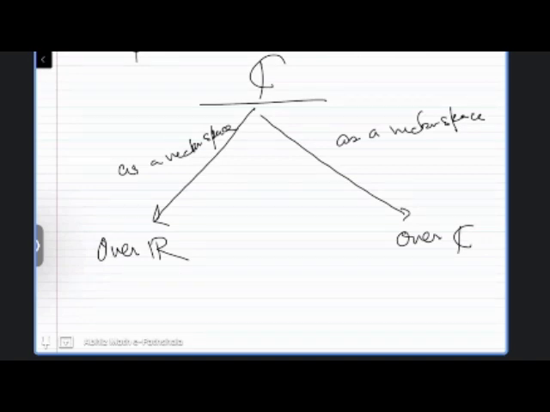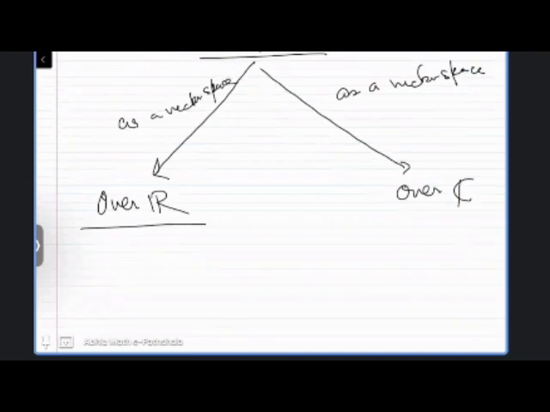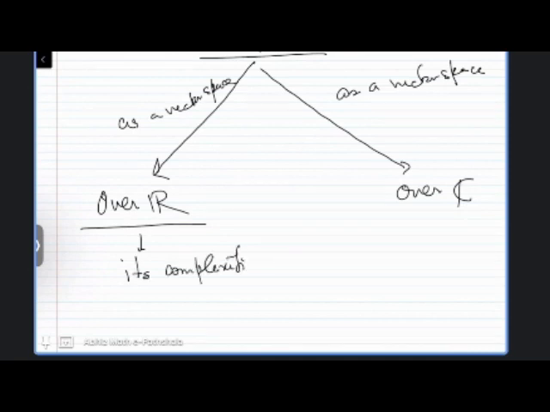So whenever you are considering C as a vector space over R, look at this case. Its complexification is what?